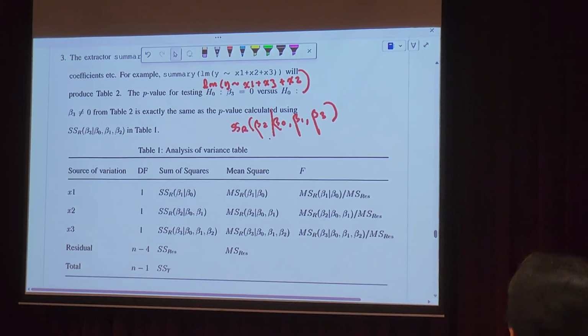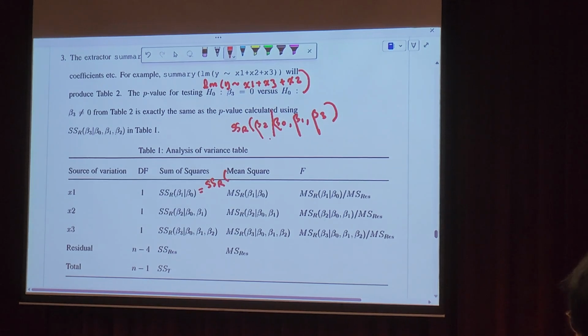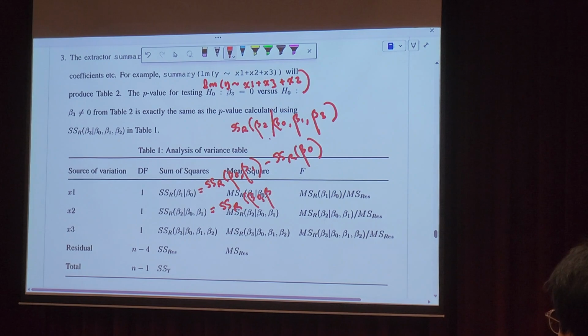What happened here is, this is SSR of beta naught, beta 1 minus SSR of beta naught. And this is SSR of beta naught, beta 1, beta 2 minus SSR of beta naught, beta 1.